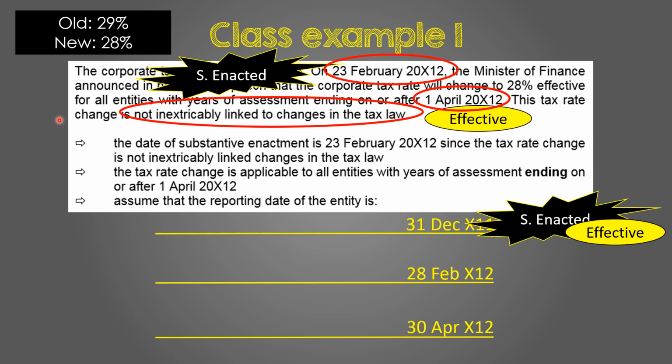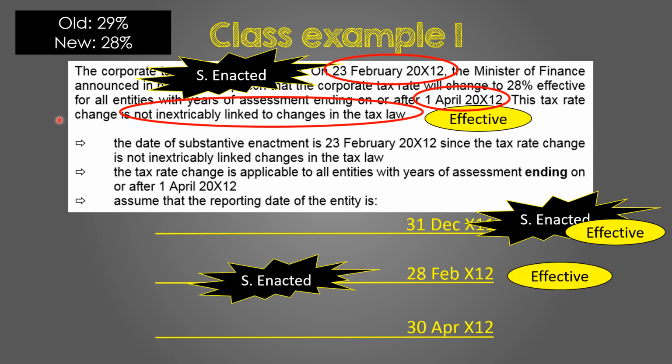The next financial year end is the 28th of February 20x12. And here we see that the substantively enacted date, which is the 23rd of February, falls before the 28th of February. However, the effective date is after.